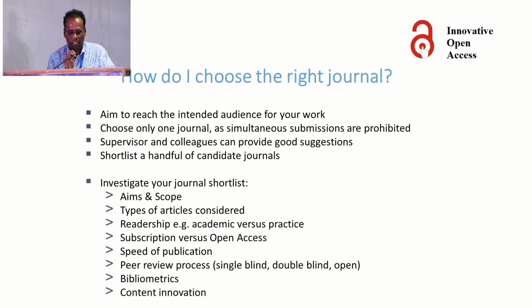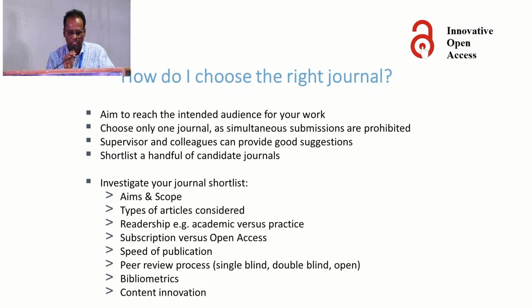Then according to your aim and scope, you have to select the journal. Aim to reach the intended audience for your work. Choose only one journal, as simultaneous submissions are prohibited. Supervisors or colleagues can provide good suggestions. Shortlist a handful of candidate journals.